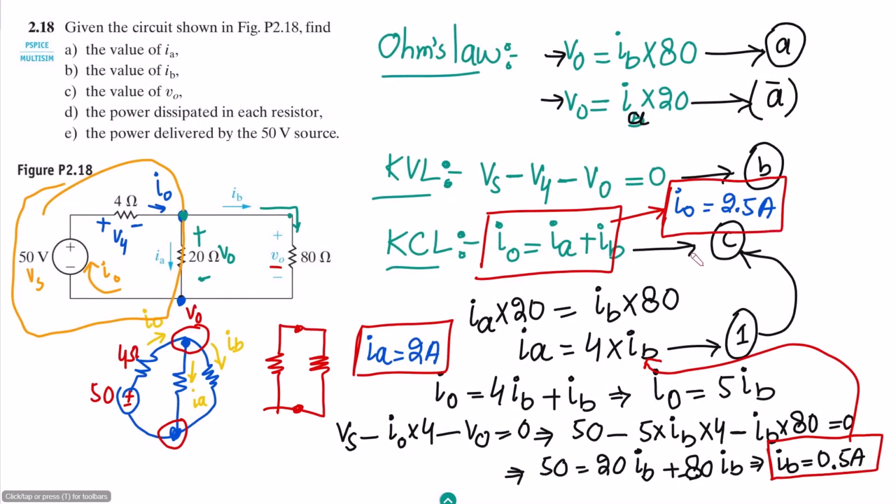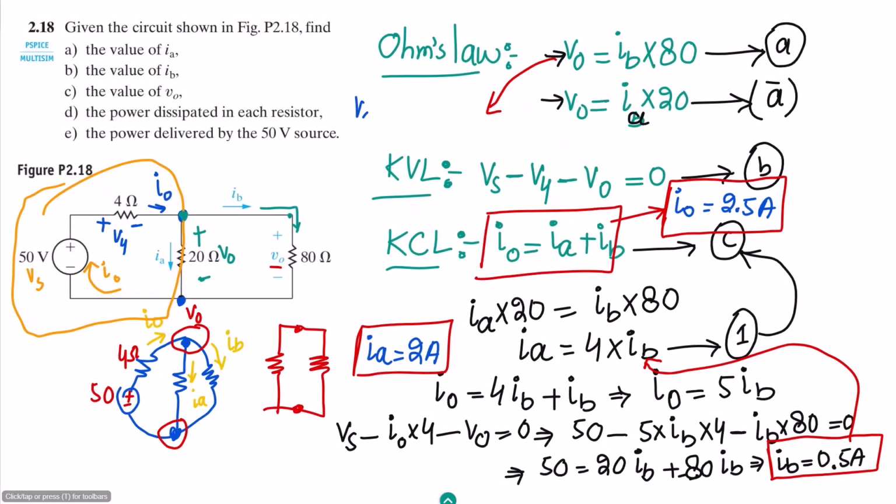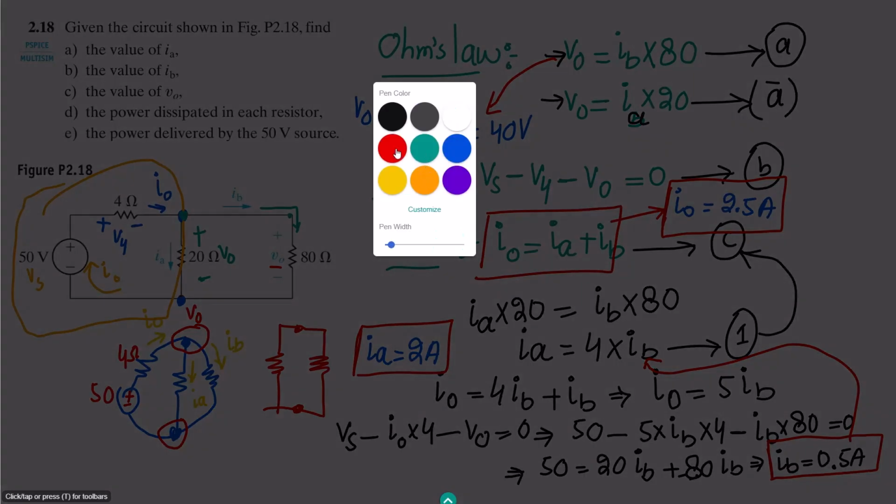We can take these values and put them here, either IA or IB. Putting IB here, what will we get? The value of V naught is equal to what? The value of IB is 0.5 multiplied by 80. So this will be 40 volts, and that is the value of V naught.